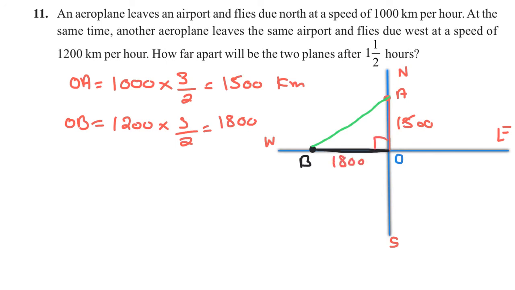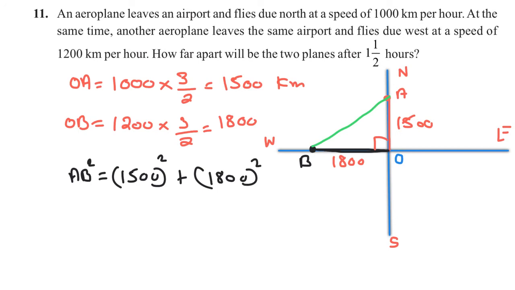Now this angle is 90 degrees. So from here we can easily find, according to the Pythagoras theorem, AB squared is equal to AO squared, which is 1500 squared, plus 1800 squared.